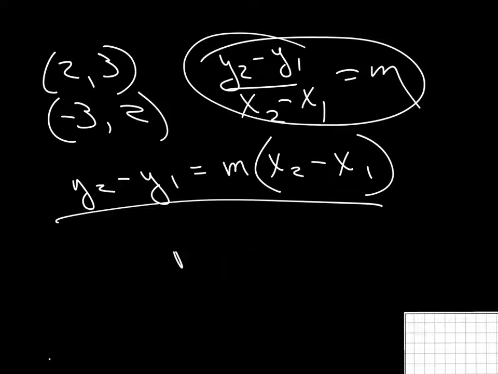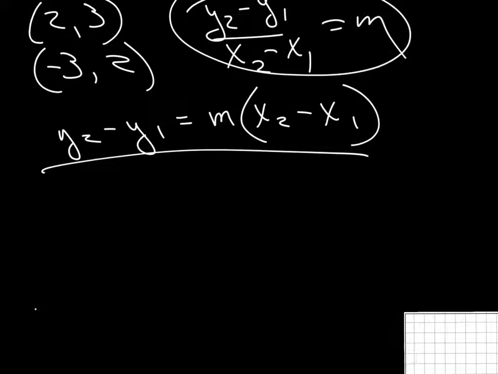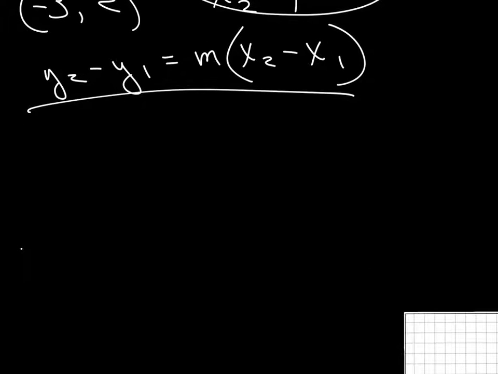Alright, so if they give that to you, there is a way, let's move that up here, to go ahead and solve these. So for example, if I tell you that my slope is -2 and that it contains the point -4, 3, what have I given you? I've given you a point, I've given you the slope. That's why it's called the point-slope form of the equation.